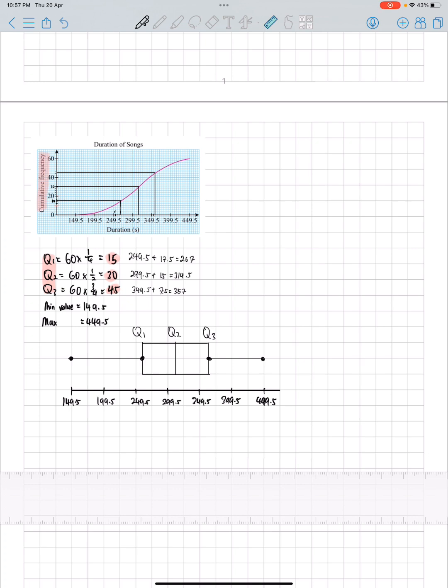From the box plot, you can know whether the graph is a symmetric distribution, a left skew distribution or a right skew distribution.